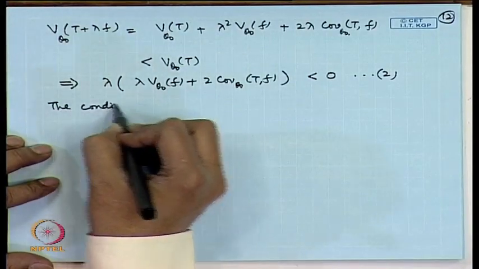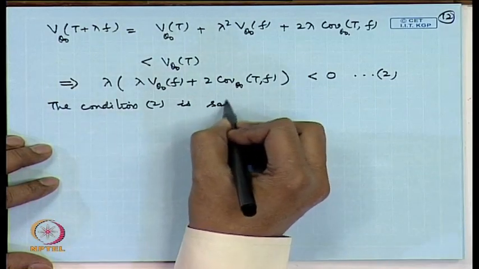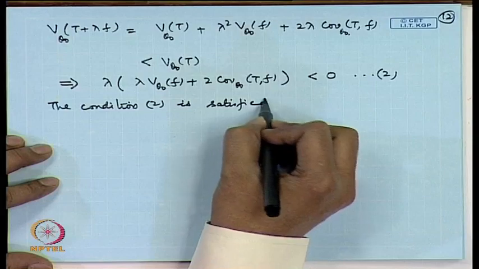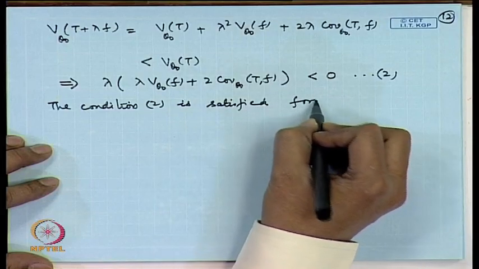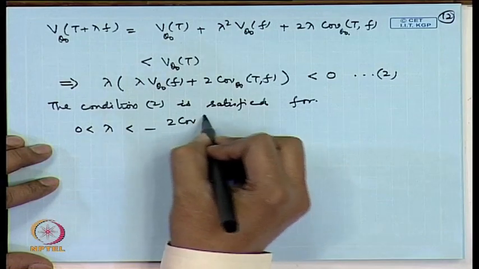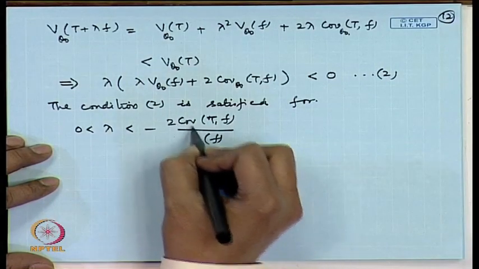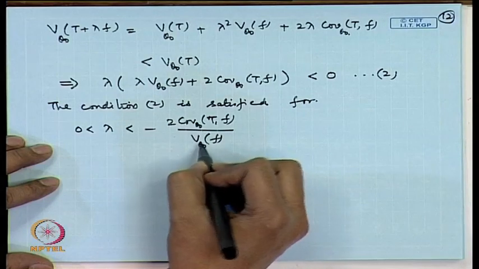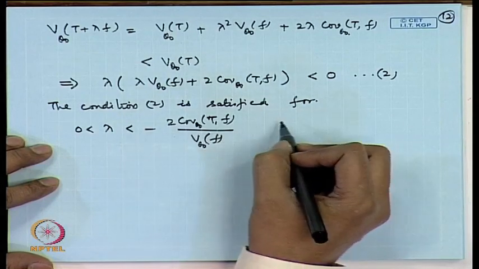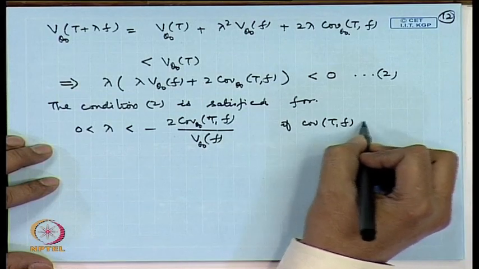The condition 2 is satisfied for 0 less than lambda less than minus twice covariance of T and f by variance of f, if covariance of T and f is negative. Of course, all these evaluations are at the point theta naught.